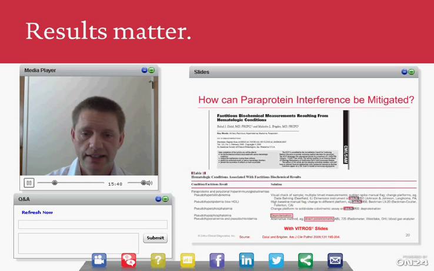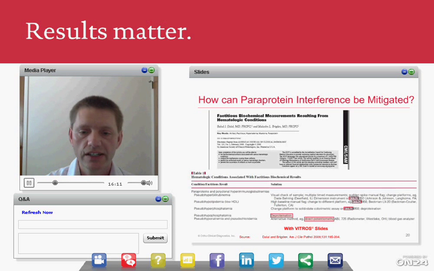And I'm not sure how well people can actually see the slide that I have here, but if you look at the bottom, this is only part of a table. It lists the conditions, the causes, the assays that have been shown to be affected, and the solutions that have been published in the literature.